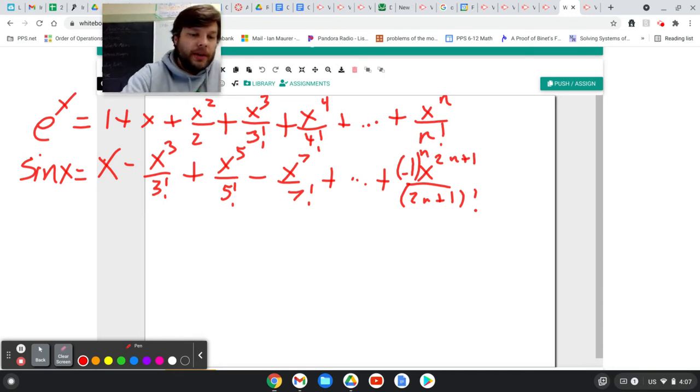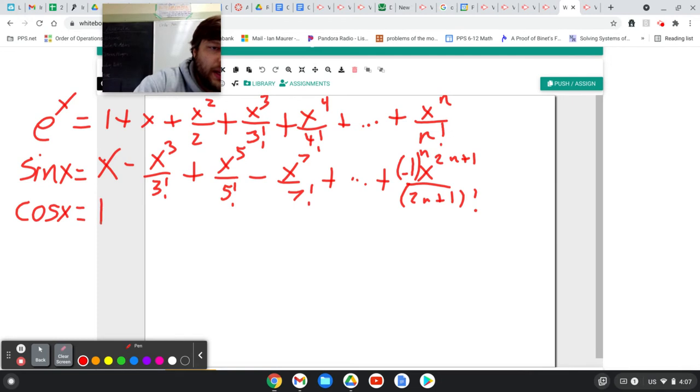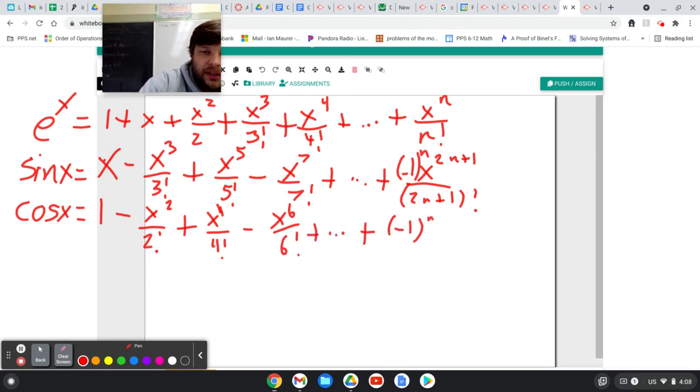Okay, so now let's look at cosine of x. Cosine of x goes 1, and then you take the derivative and you get negative sine, and that's 0, and you take the derivative and you get negative cosine, and so you have minus x squared over 2 factorial, and then it flips back to positive x to the fourth over 4 factorial, and then negative x to the sixth over 6 factorial, dot dot dot, and all of that comes to be negative 1 to the n, x to the 2n, over 2n factorial.